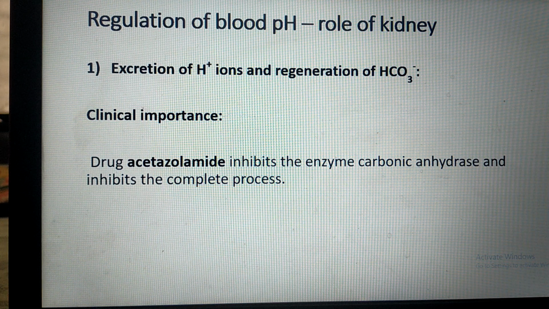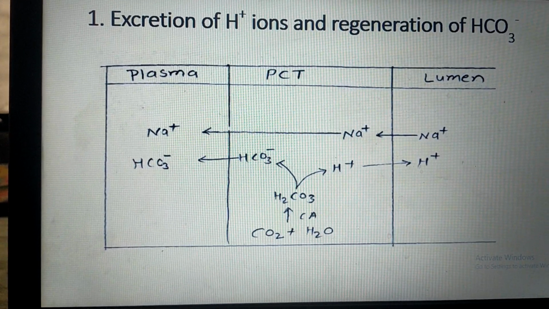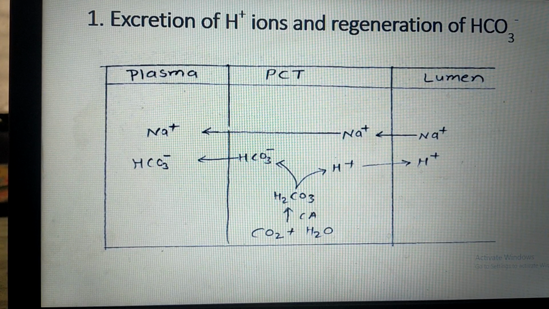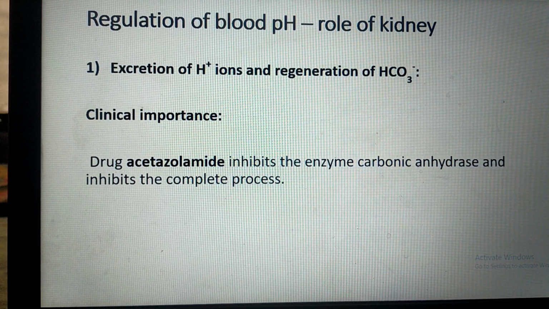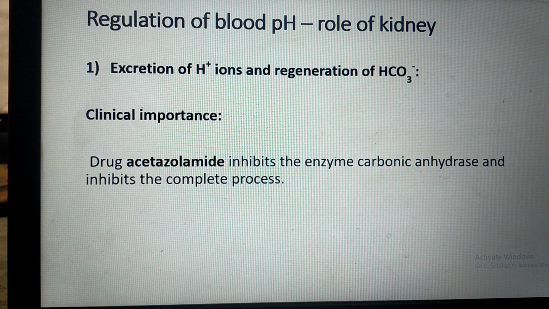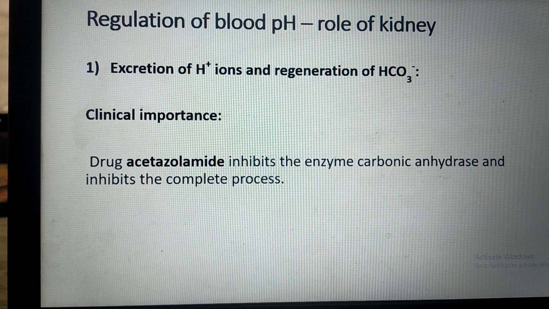And if this enzyme is inhibited, this mechanism in the kidney is hampered. That means excretion of H plus ions and regeneration of bicarbonate ion is hampered, and therefore the patient may go into acidosis. So this you have to monitor when you prescribe this drug to the patient.